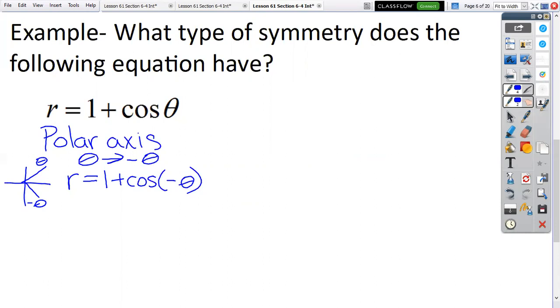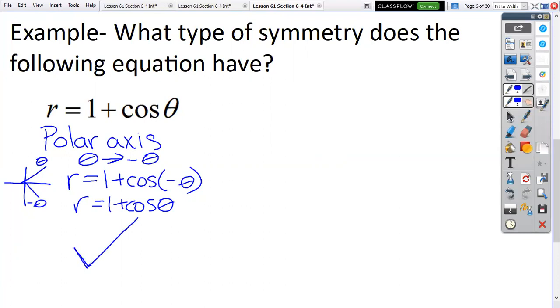That negative does not make a difference. So I'm going to put r equals 1 plus cosine of theta. That negative angle does not affect the value of cosine. So what just happened? I just got the same equation back, right? That means that my equation is symmetric on the polar axis.